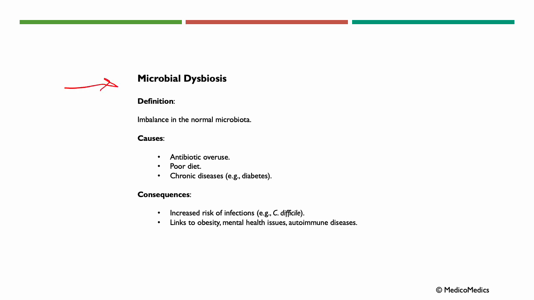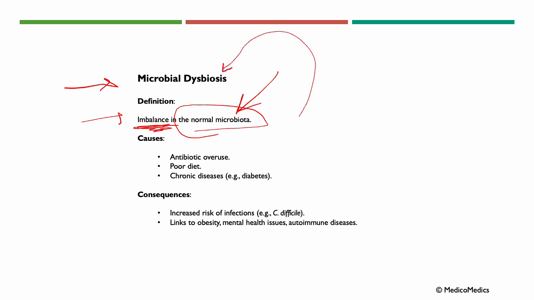Microbial dysbiosis. So this is the imbalance in the normal microbiota. We said that these are your friends or enemies that you keep closer, but if it becomes imbalanced, so we have a dysbiosis, it could lead to negative effects. So for example, causes of developing a dysbiosis could be antibiotic overuse. It could be poor diet.